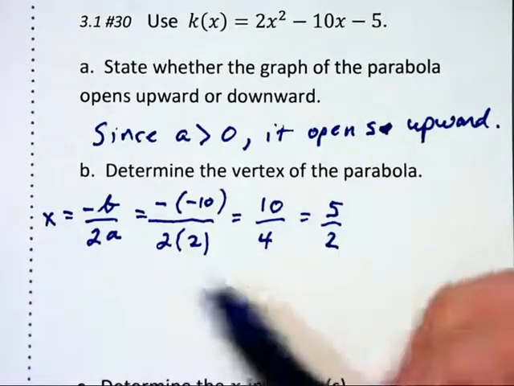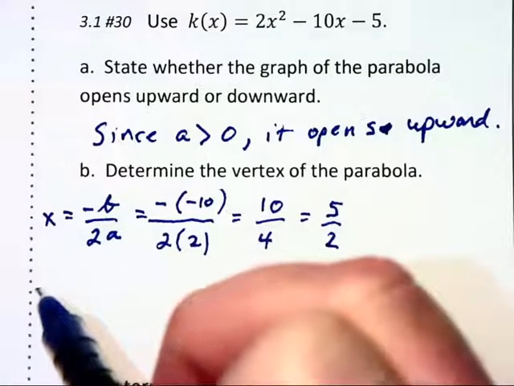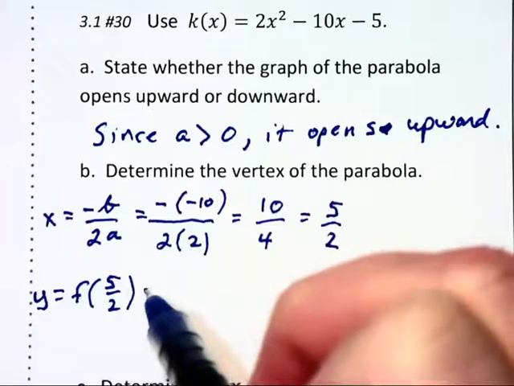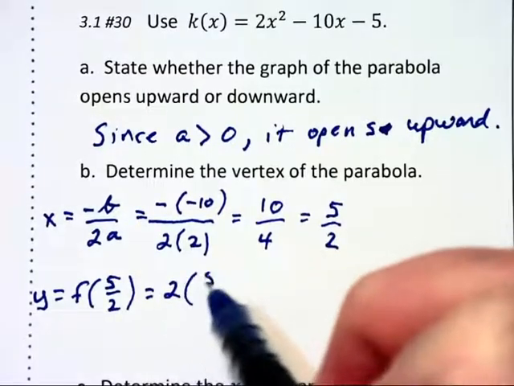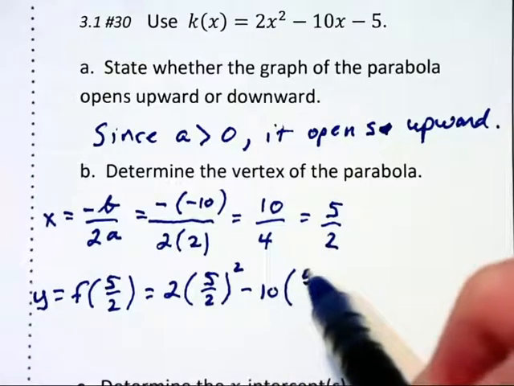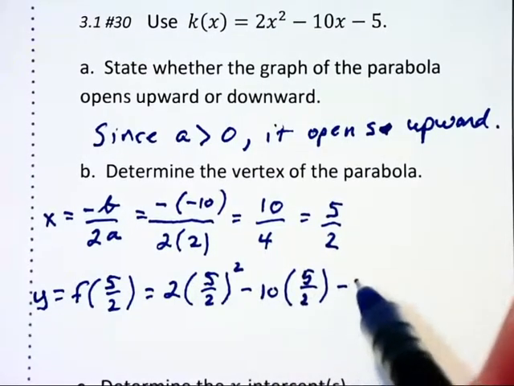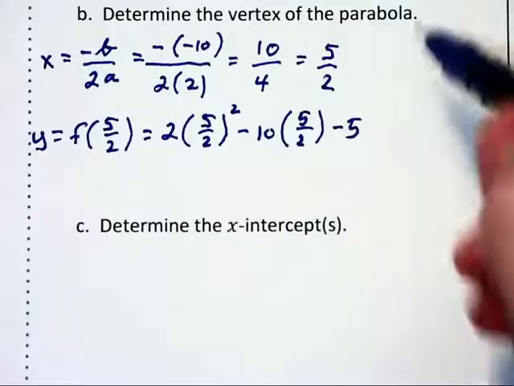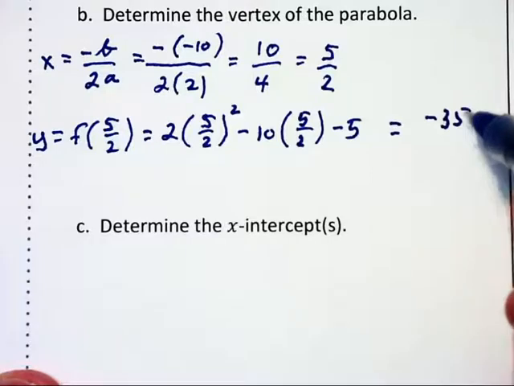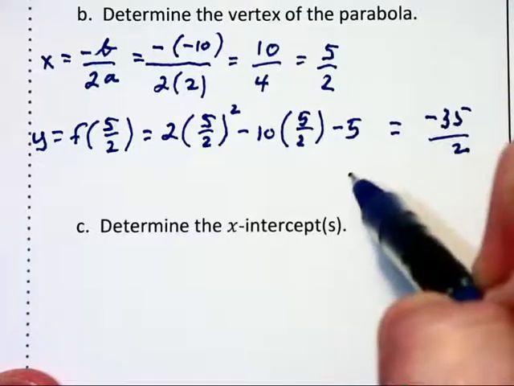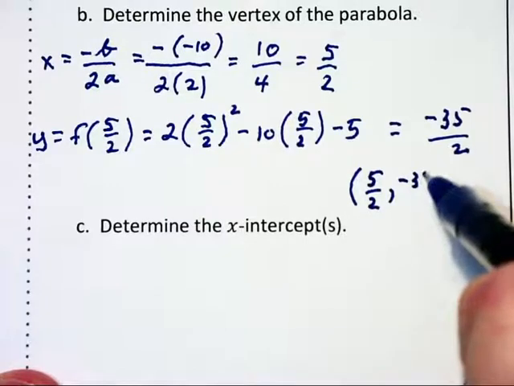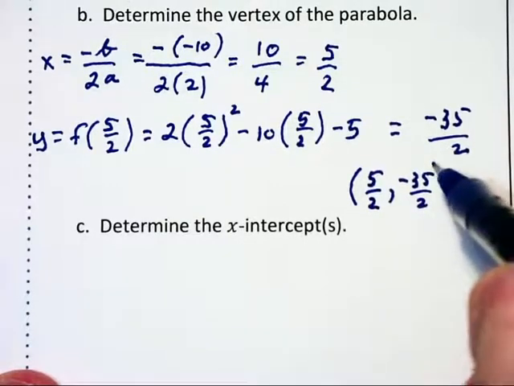Now we substitute 5/2. y will equal f of 5/2, which is equal to 2 times 5/2 squared minus 10 times 5/2 minus 5. This is equal to negative 35 over 2, and that tells us the vertex is at 5/2 comma negative 35 halves.